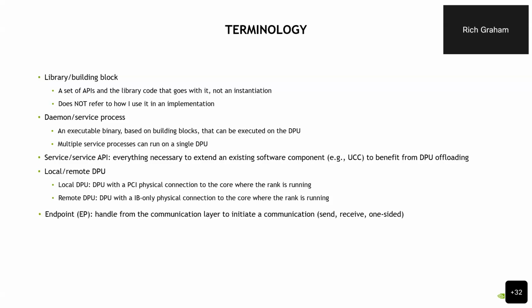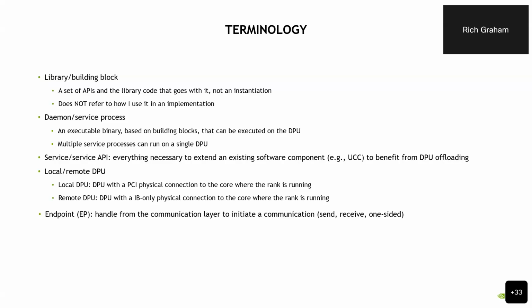In this case, this would be UCC. There's already a service running on the DPU supporting UCC, and there's an API that basically lets you say, I want to start using that service. So you can make changes to the communication library without the application being aware that that's happening.